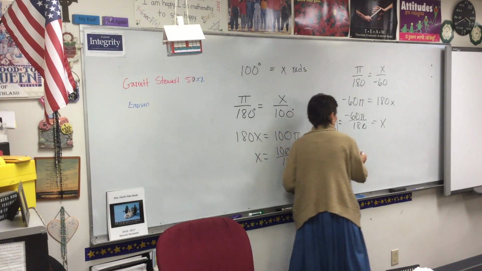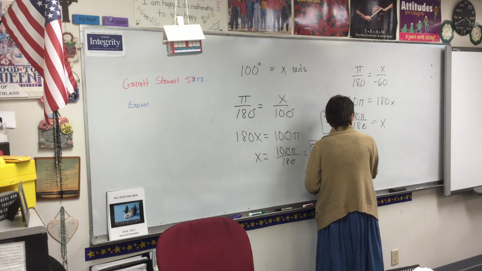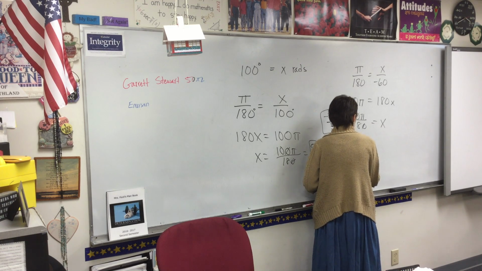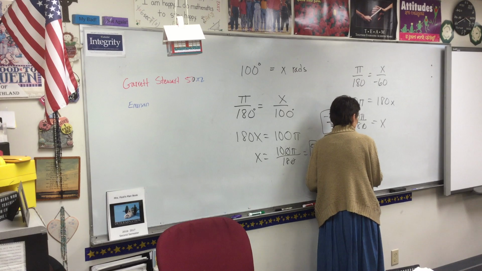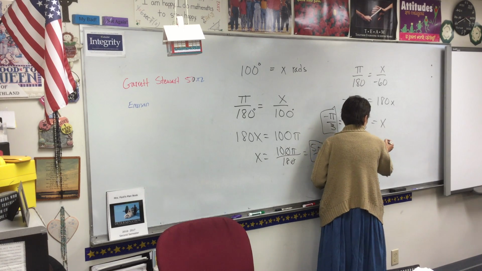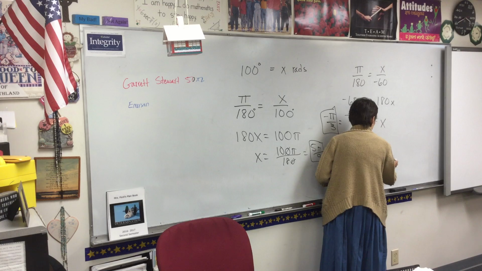All right, what about 210? What's that one going to look like? C. Would you do pi over 180? That never changes. That stays the same. Always, always, always. Pi over 180 equals x over 210.